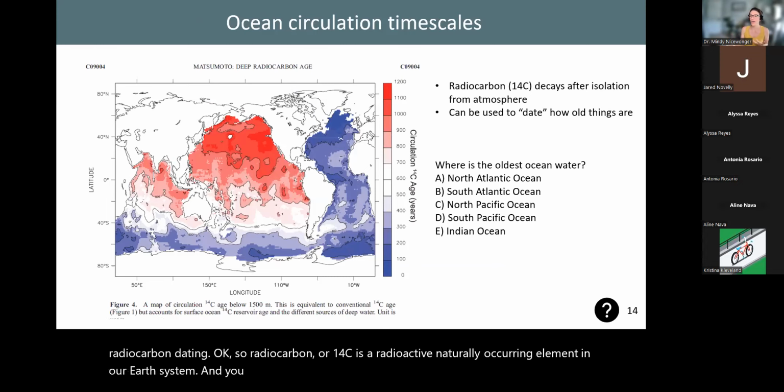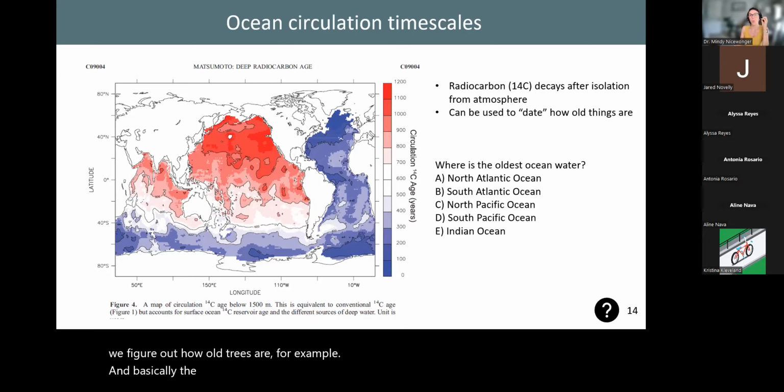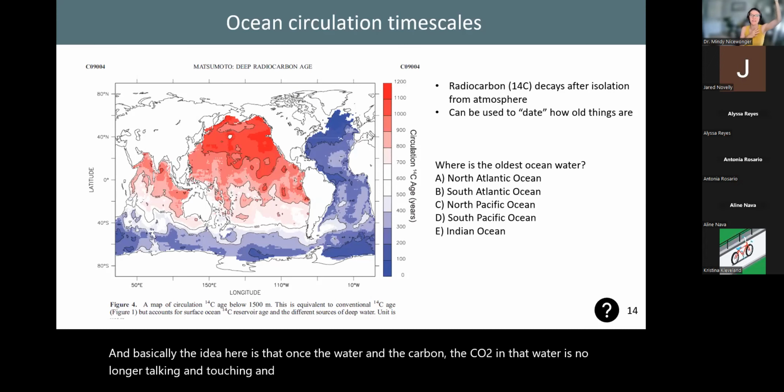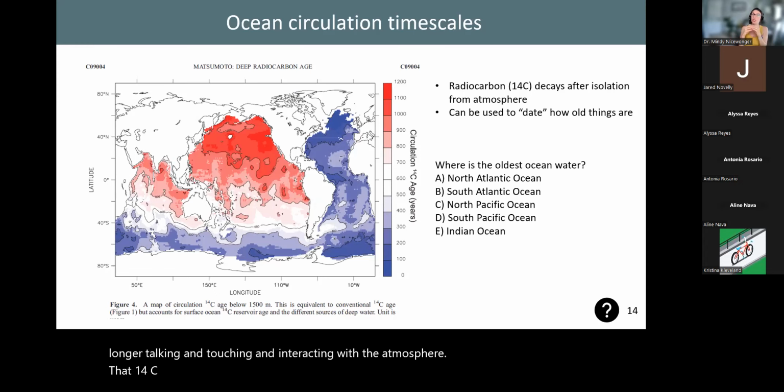You might have heard of carbon dating, how we figure out how old trees are, for example. The idea is that once the water and the CO2 in that water is no longer interacting with the atmosphere, that 14C starts to decay away.